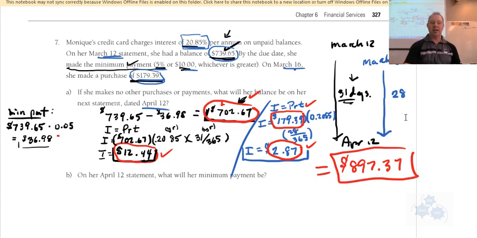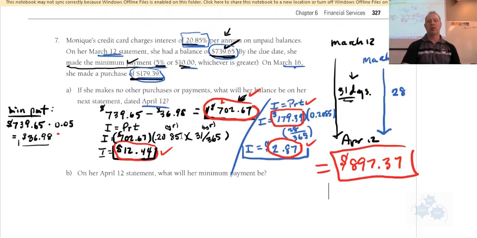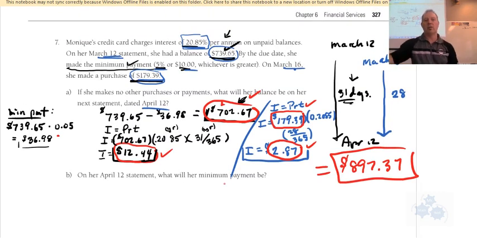And letter B actually is pretty easy. So we'll just finish off number 7 here. Letter B, on April 12th, what will her minimum payment be? Well, this is the balance, isn't it? So we need to do 5% of that or $10, whichever one is more, right? So 897.37 times 0.05.